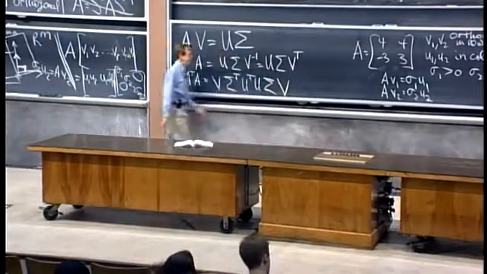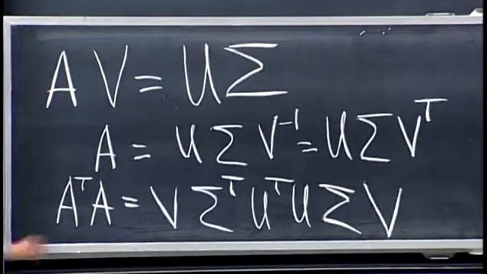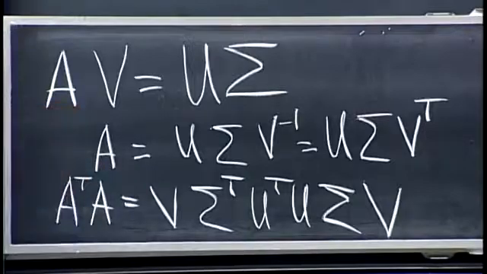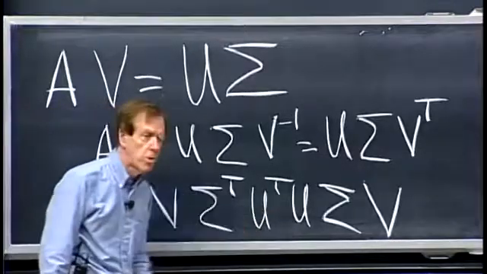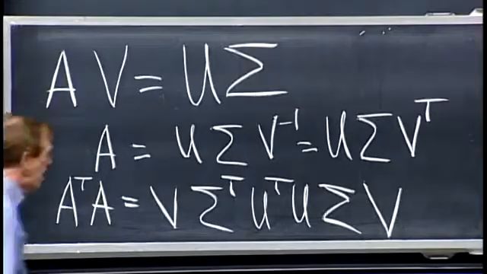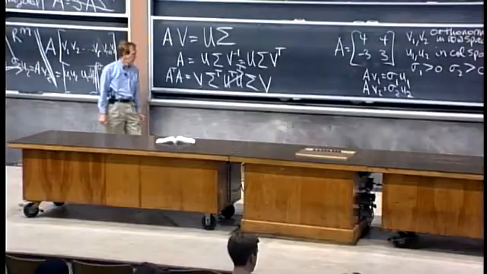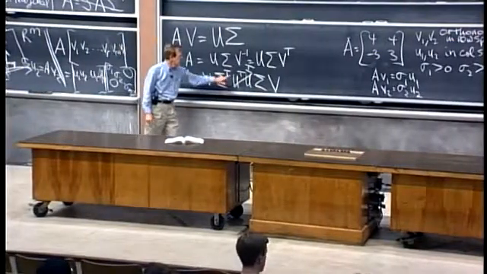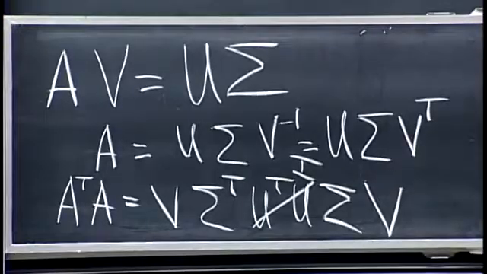And what have I got? Looks like worse, because it's got 6 things now together, but it's going to collapse into something good. What does U transpose U collapse into? I, the identity. So that's the key point. This is the identity, and we don't have U anymore. And sigma transpose times sigma, those are diagonal matrices. So their product is just going to have sigma squareds on the diagonal.